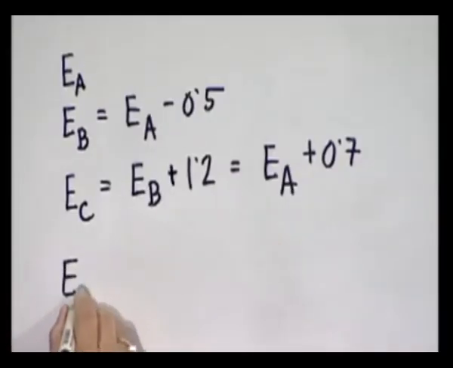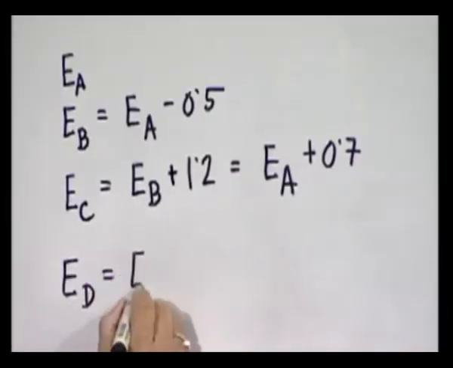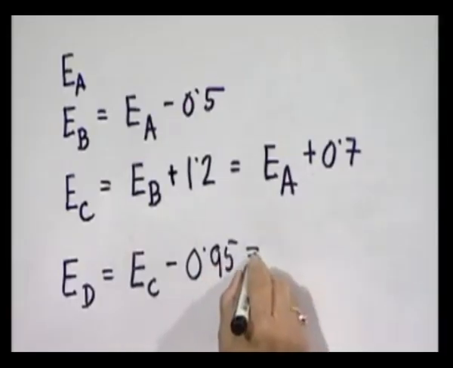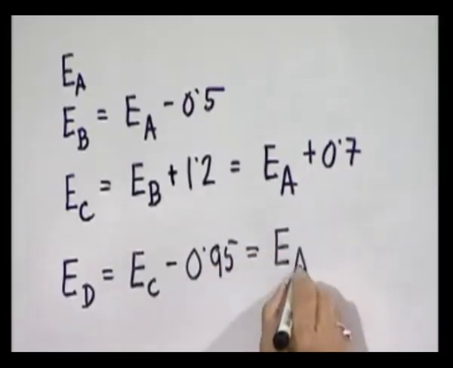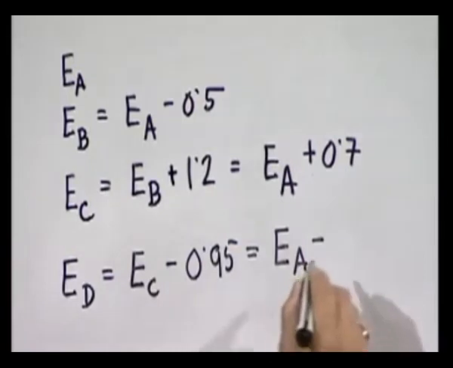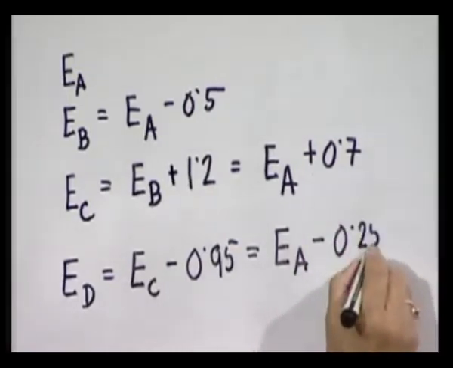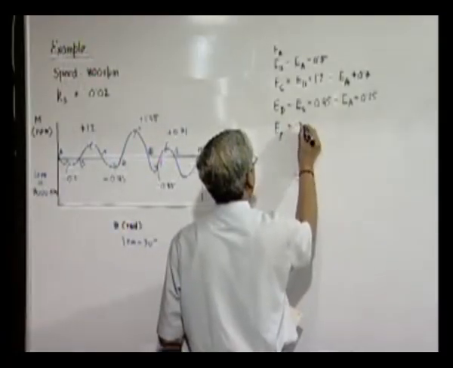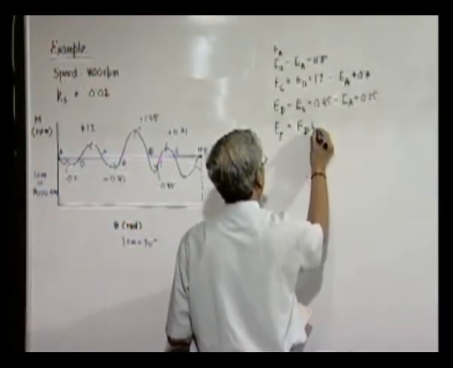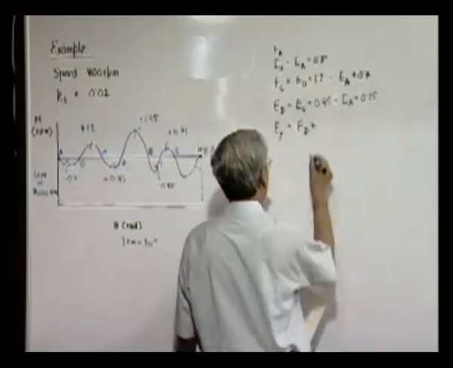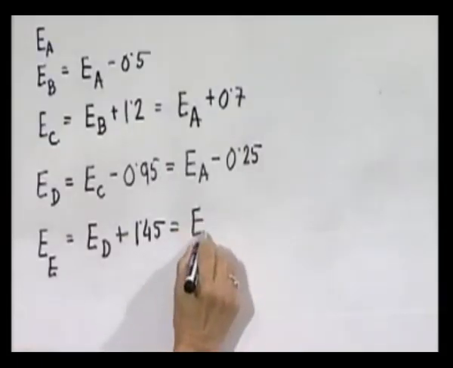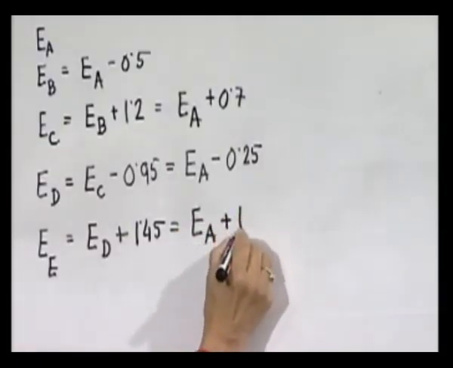E at D will be E at C minus 0.95, which means it will be E at A minus 0.25. E at E is E at D plus 1.45, which is the same as EA plus 1.2.